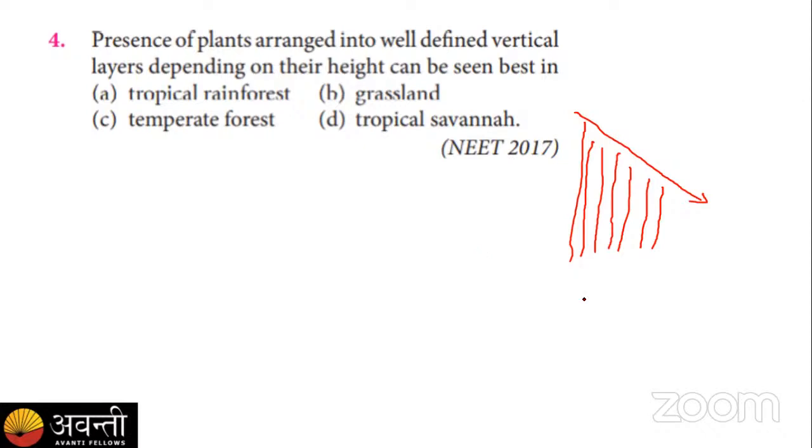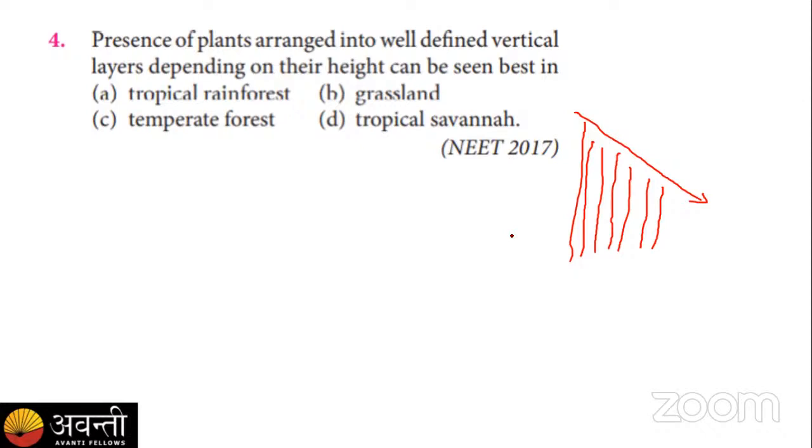Okay, Kalburgi, option C is not the correct answer, beta. As you know, the tropical rainforests are the regions where we find diversity, varieties of plants. Wherever we have rich biodiversity, only there can we get this stratification of plants.